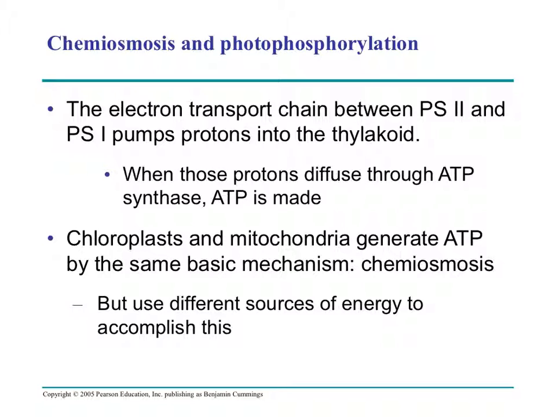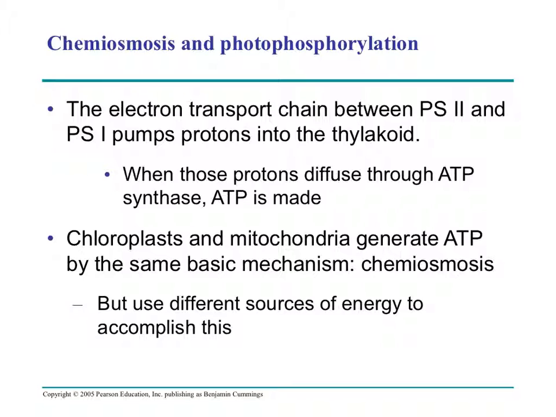Okay, just to hit this one more time, we're using similar words that we have used in cellular respiration: chemiosmosis and phosphorylation. In this case, we're talking about photophosphorylation, which is saying that we're using the energy of light to make ATP. So, the electron transport chain between photosystem 2 and photosystem 1, as we have seen, pump protons into the thylakoid.